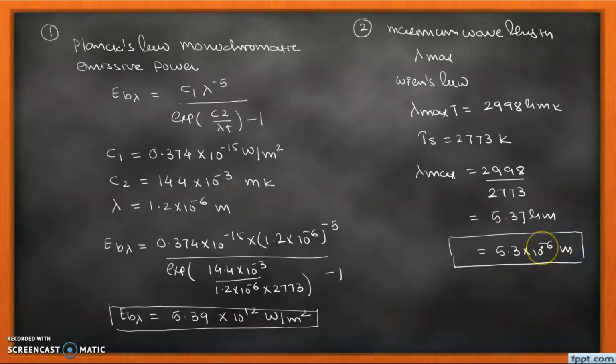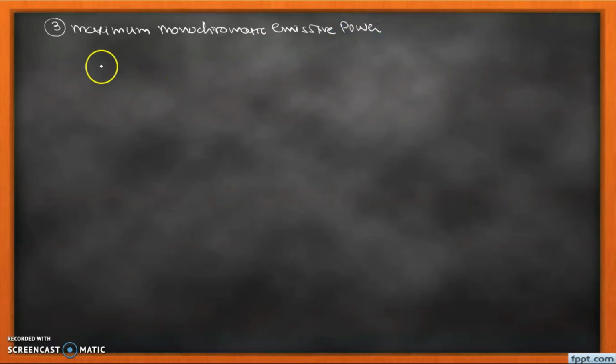Now for the third, that is the maximum monochromatic emissive power, indicated by E_b lambda max. So students, we need to apply the same formula, that is Planck's law, but whenever we apply Planck's law, we simultaneously also need to apply Wien's law, because it is the maximum one.